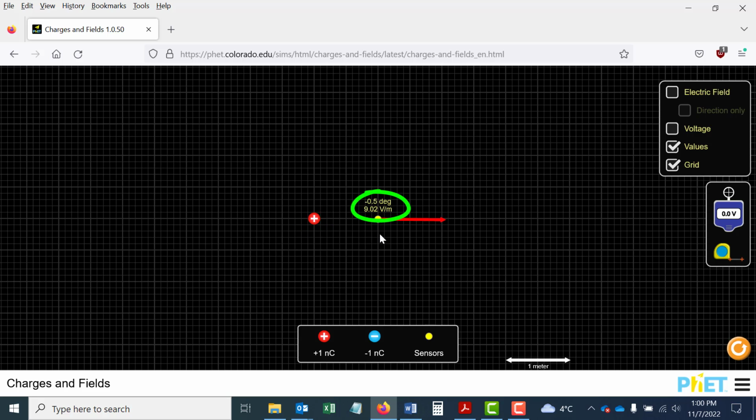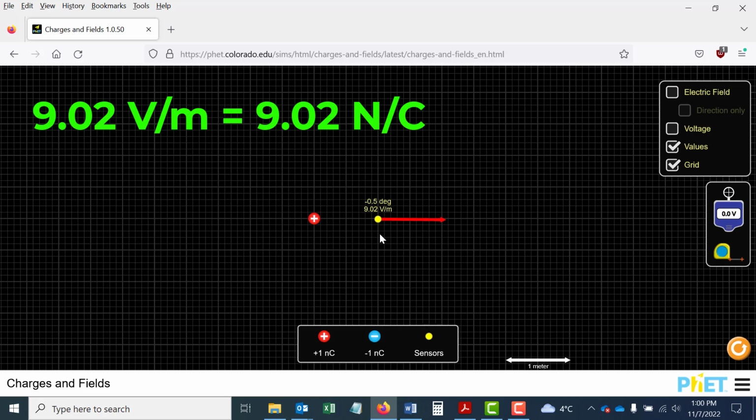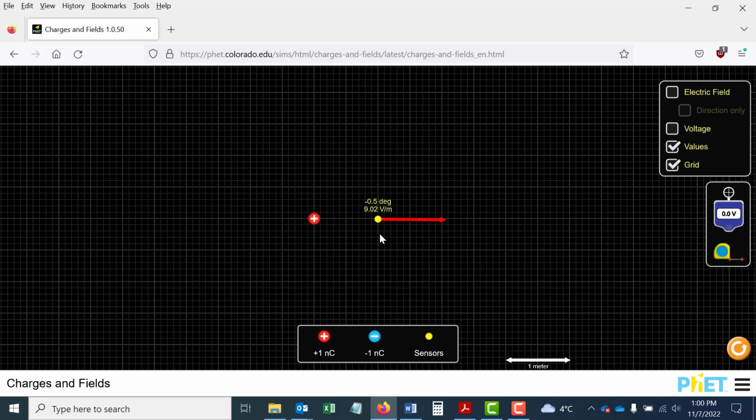Now the units listed here, volts per meter, if you break down volts into SI units, volts per meter actually is equivalent to newtons per coulomb. So 9.02 volts per meter is equal to 9.02 newtons per coulomb. In other words, if I put a 1 coulomb charge at this location, it would feel 9.02 newtons. So an electric field tells you how much force an electric charge would have felt if it was located there.